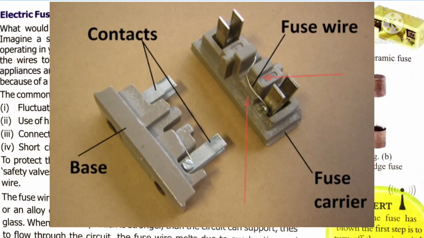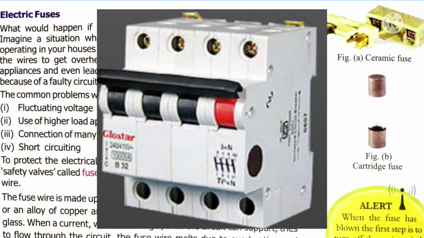A fuse is mainly made up of an alloy of copper and tin, which has a low melting point. Usually this fuse is fitted in a cartridge made of porcelain or glass. In modern days, this fuse is replaced by MCB. What is MCB? Miniature circuit breaker. It does the same work as a fuse.